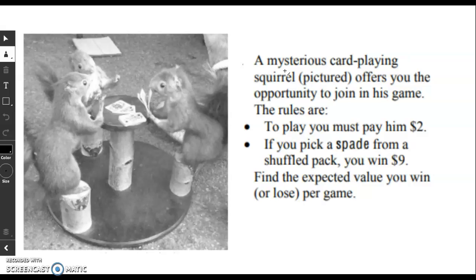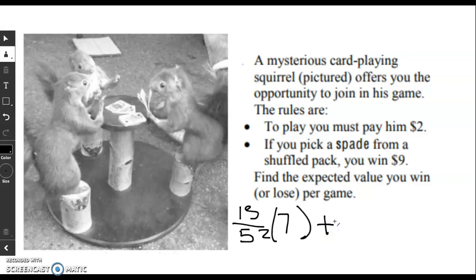So let's see what we will have. So first of all, how many spades are in a pack of cards? Well, there are 52 cards in a deck, and 13 of them are spades. So the probability of me picking a spade would be 13 out of 52. I win $9, but I had to pay $2, so I'll actually just win $7.